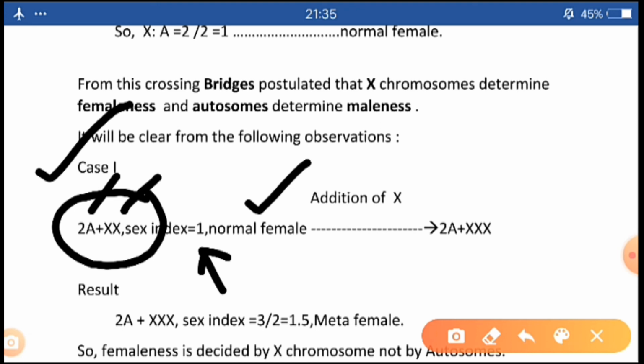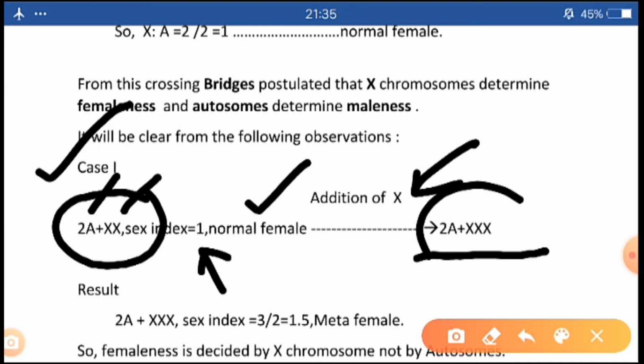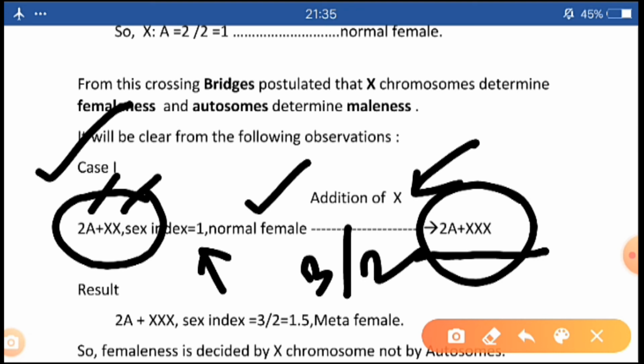If we add X chromosome by suitable crosses, then the result will be 2A plus 3X. So what will be the index in this case? The index will be 3 by 2, that is 1.5. Okay, that is meta female.